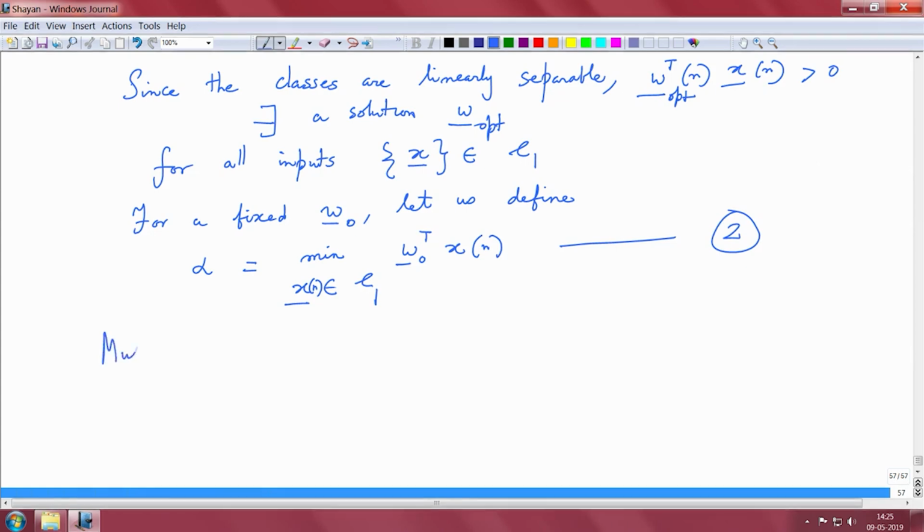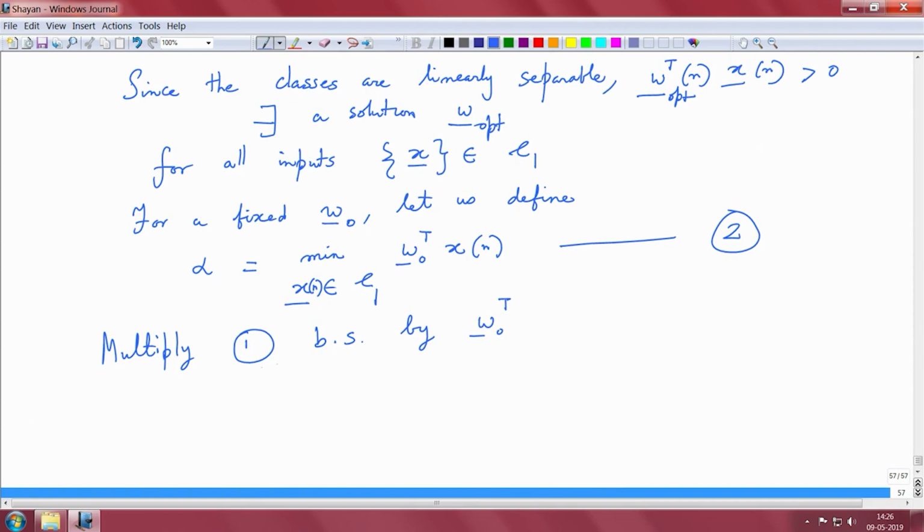So, multiply equation 1 both sides by W naught transpose, right. I did not indicate any time here because when I have an optimum hyperplane, the time does not really matter there, I am stopping at that point, right. So, deliberately the time index is not there for the optimum hyperplane.